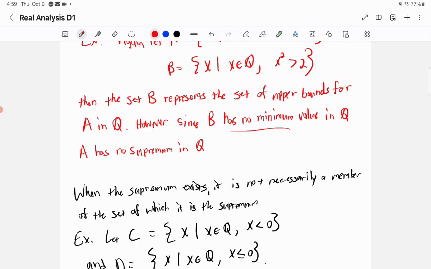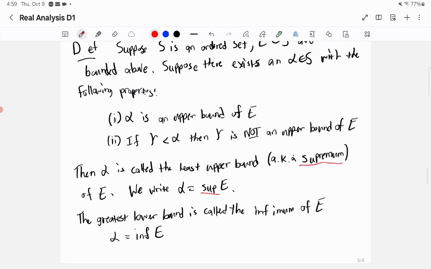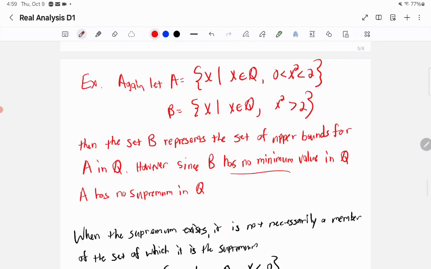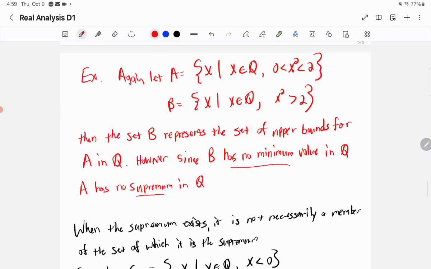In the real numbers, it has a minimum value, right? We know it's the square root of 2. But in the rational numbers, B has no minimum value, and in fact it also has no infimum, and A has no supremum in the rational numbers.